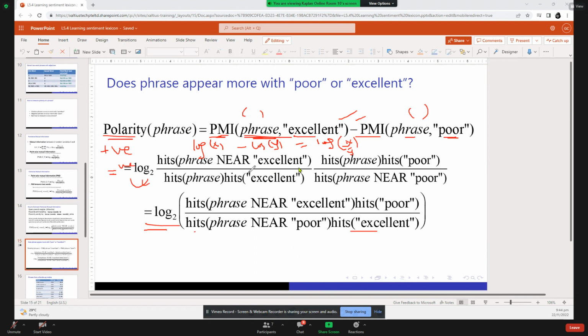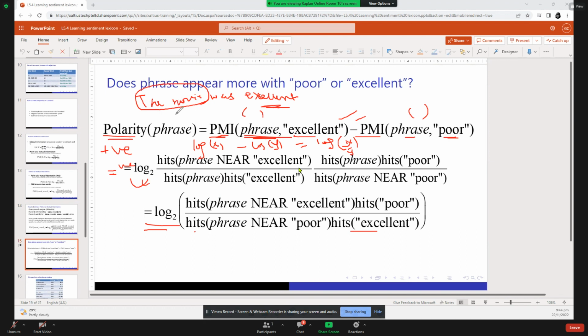So you have the movie was excellent, right? So you have the term excellent and you are trying to calculate how far the term is from the phrase the movie.